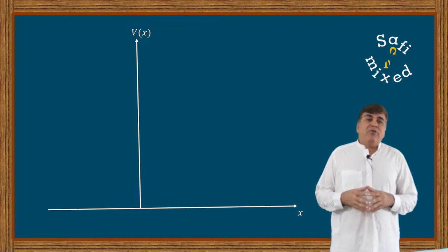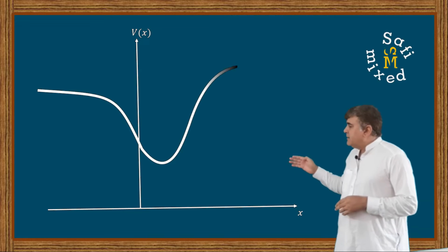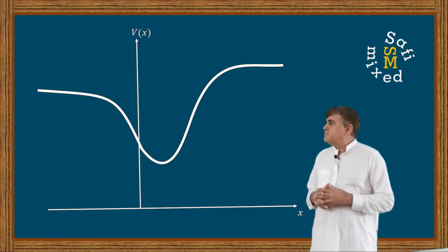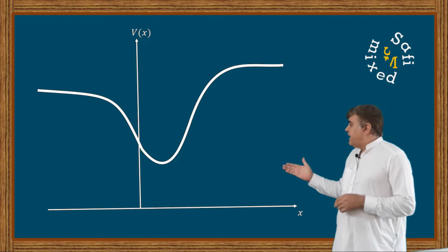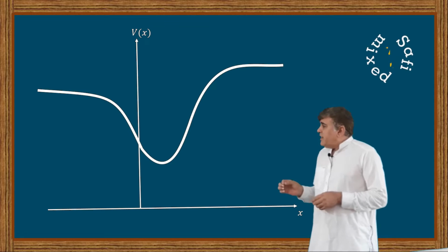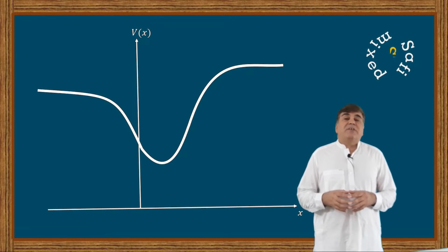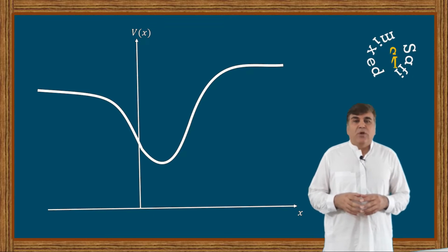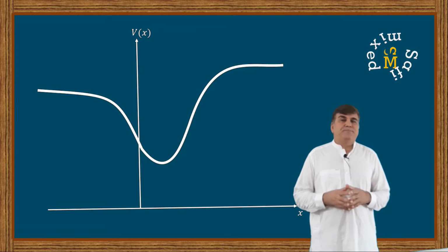Let the behavior of the potential function be given by a curve like this one. We see that the value of V(x) is not the same for all values of the position coordinate. This change in the behavior of potential results in different types of quantum states, which are the focus of this lecture.